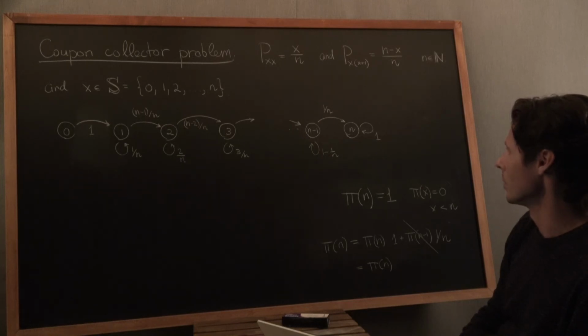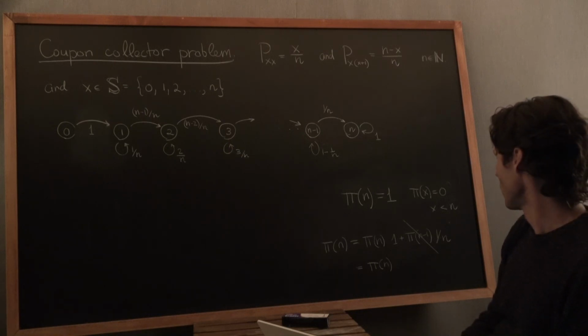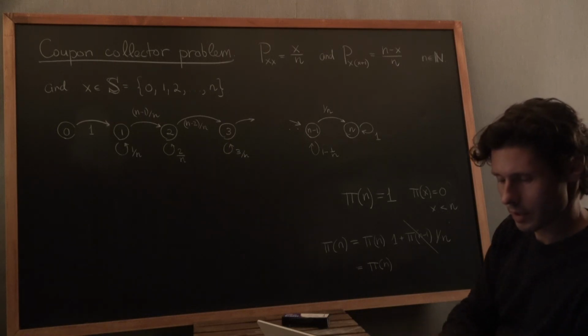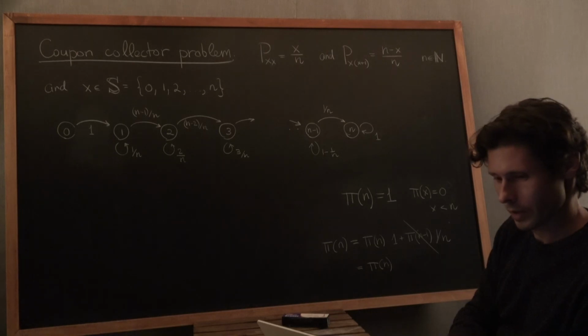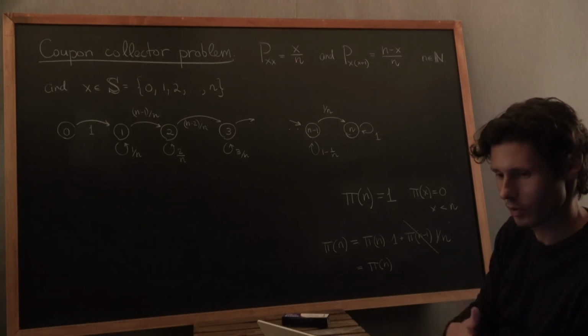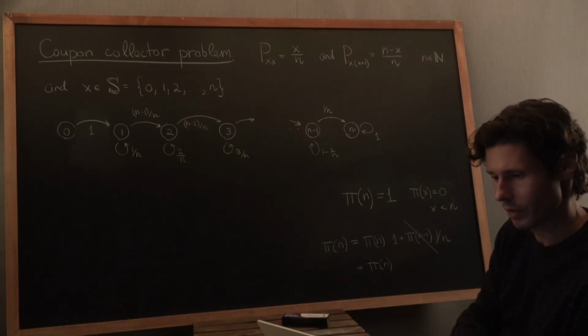But you should be able to verify local balance here as well, even though there's some weirdness about that. So that's a simple one, and hopefully you're using your intuition about the behavior of the chain to supplement all the math calculations you have to run through with global balance or local balance and so on.